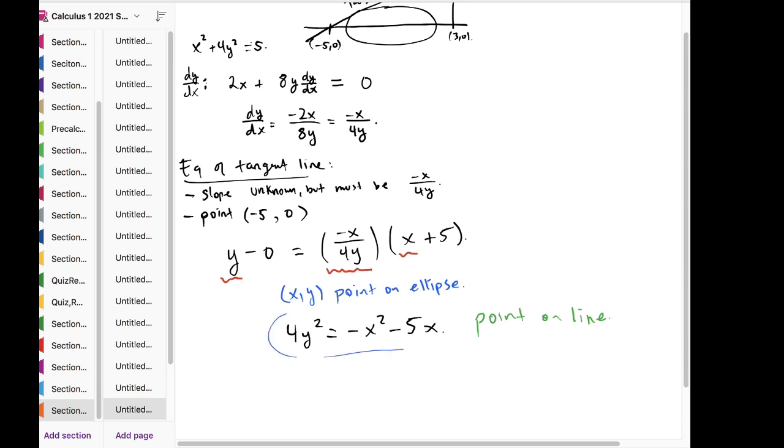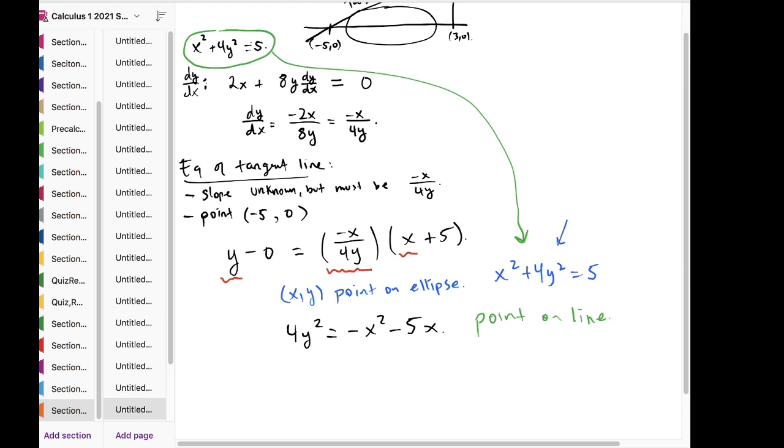This is just a point on the line. Yeah. So x squared plus 4y squared is equal to 5. If xy satisfies that, then xy is on the ellipse. That's what that equation means.